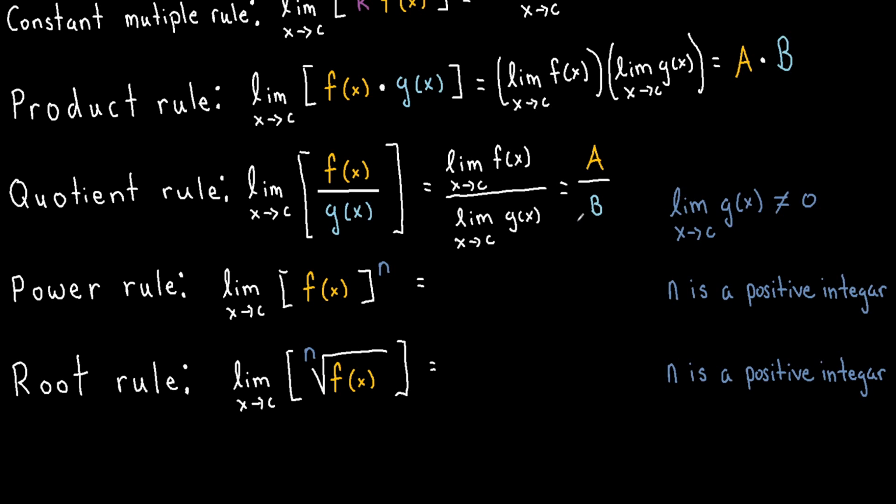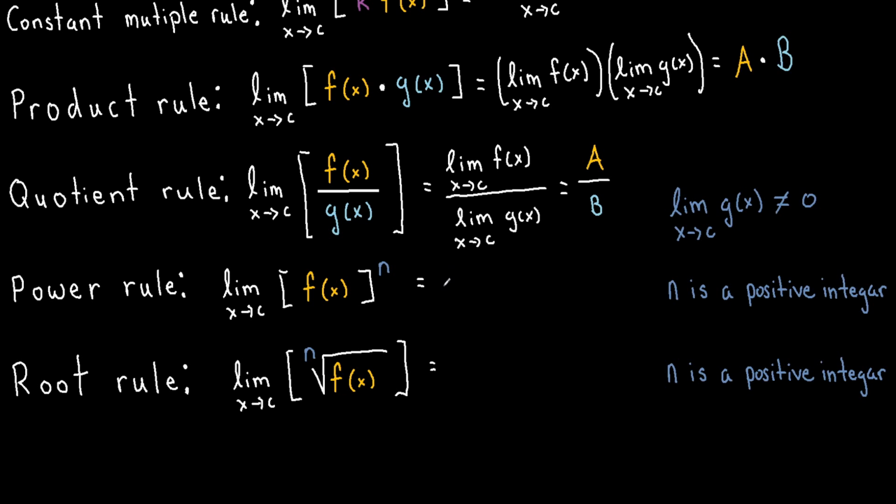But as a disclaimer, this property only works if the limit of g of x as x approaches c is not 0. Because if the limit of g of x as x approaches c is 0, then this value is undefined. Okay, so what if we took the limit of f of x to some power of n, where n is a positive integer, as x approaches c?